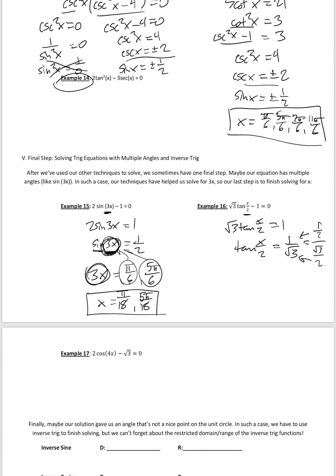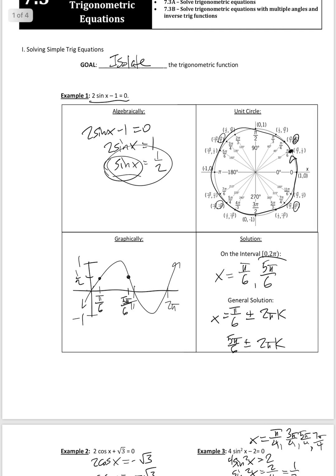But rewriting it with those uncanceled denominators lets me very easily see, I know that tangent is equal to y over x. So this lets me see that I'm looking for points where x equals square root of 3 over 2 and y equals 1/2. So if you need to refer to the unit circle, x is the square root of 3 over 2, y equals 1/2.